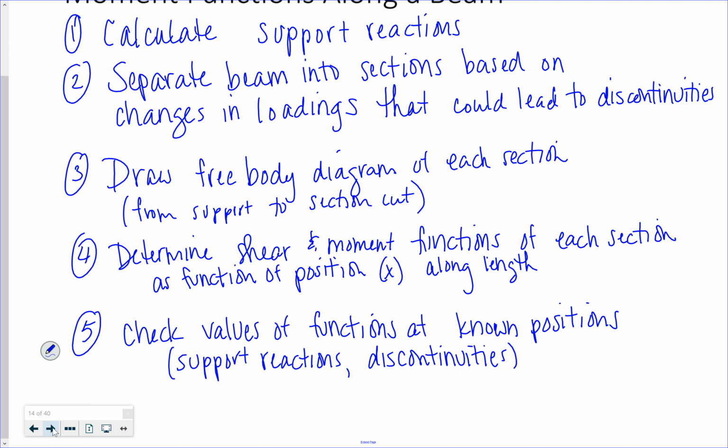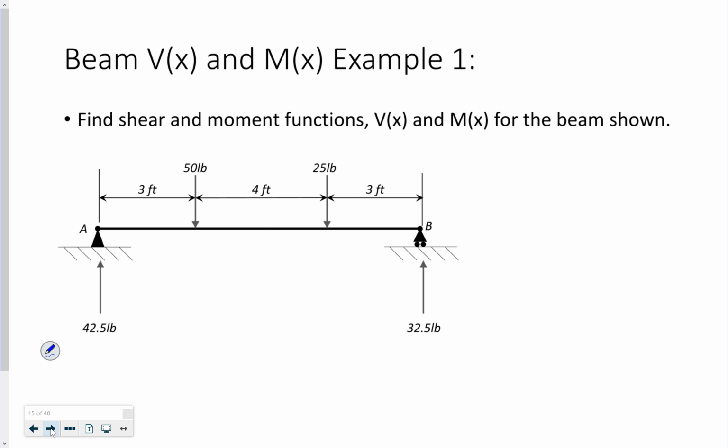Now, instead of finding it at one point, we're going to find it as a function along the entire length. So here's my beam. This is the same beam as before, but now I want to find the function along the length, not just at a specific point. So I'm going to break my beam up into 3 different sections, based off of discontinuities, which would be a change in load.